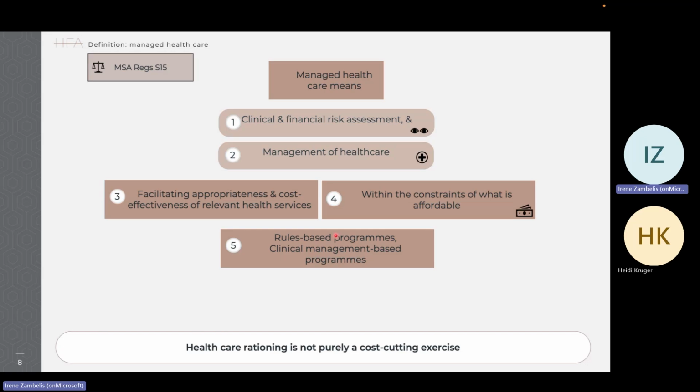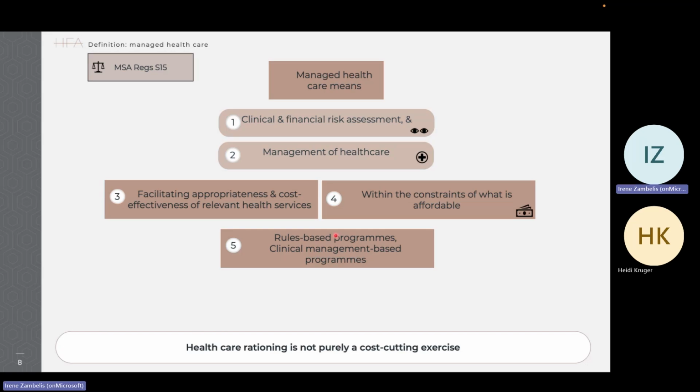A rules-based program, most schemes have this one in place in their rules. No admission to hospital for routine dental care will be authorized. You must have the treatment in the dentist chair, avoiding the hospital event. Now, that is good medical practice, because you don't want people to have unnecessary anesthetics, but also the scheme doesn't want to incur the cost of the hospital if they can avoid it.